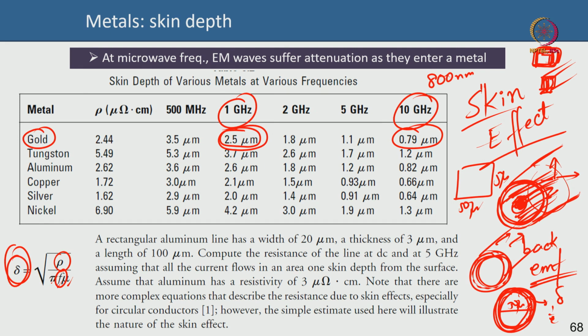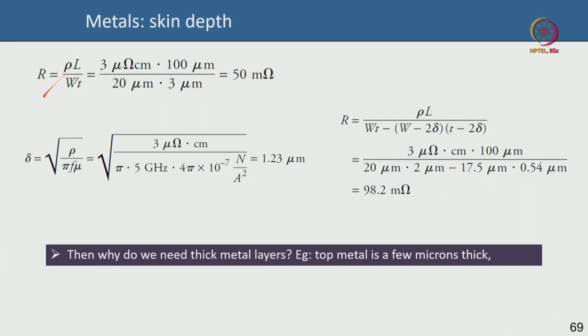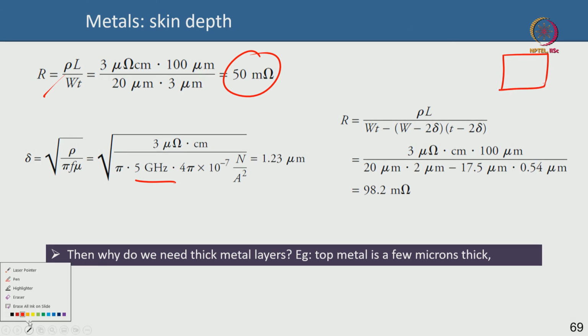So you can read through whatever I am writing here. However, what it means is that if I take a certain aluminum line with a certain dimension and try to find the DC resistance, suppose it comes out to be 50 milliohm. Now suppose I find the skin depth at 5 gigahertz, and from there I have to subtract the part that carries no current. If I have a rectangular line like that and a skin depth of a certain thickness, suppose this is the skin depth, which means current is only flowing in this.